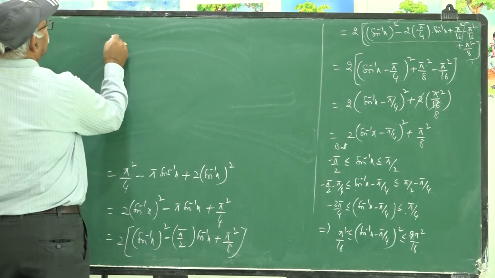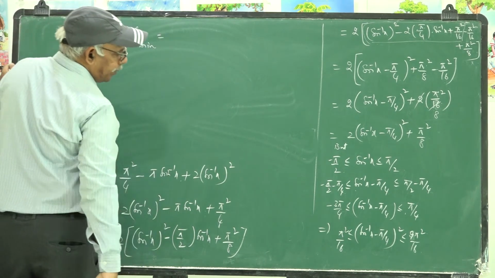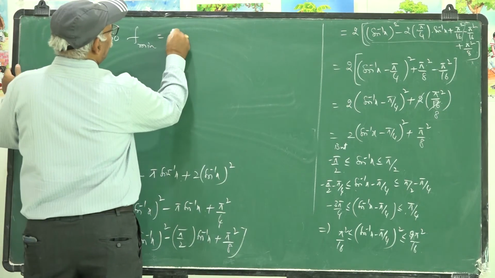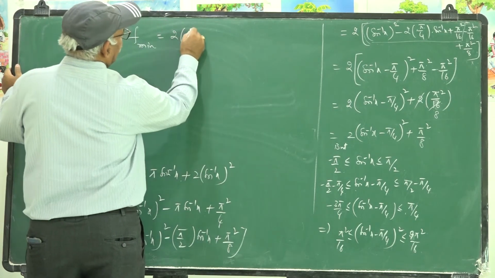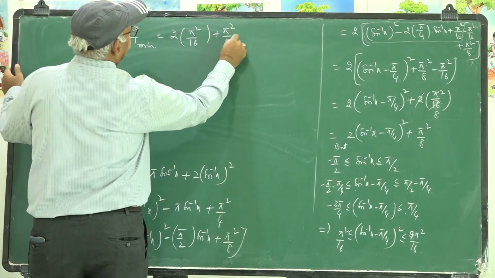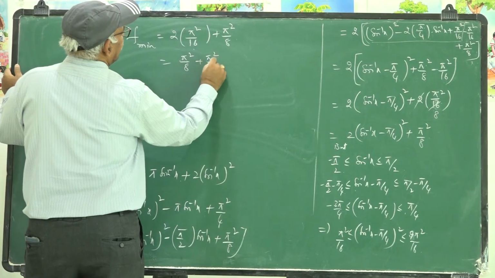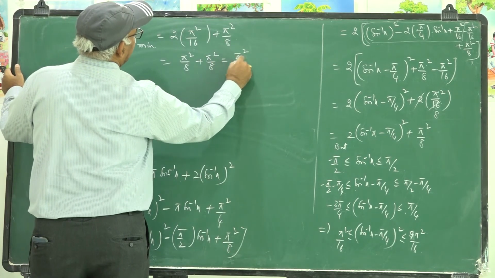F minimum is given by 2 into minimum of that one, pi square by 16, plus pi square by 8. This is pi square by 8 plus pi square by 8. 2 pi square by 8 means pi square by 4.